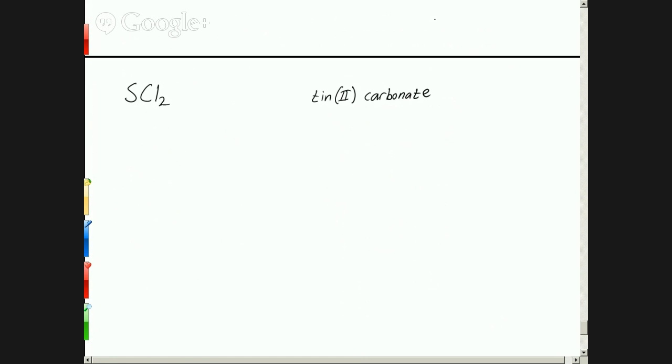If you don't have a periodic table with you with the names, somebody else say what tin is. Anybody find it? Is that a C and an L or an I? CL. You want us to write the formula for the second one? Yeah, formula for the second one.